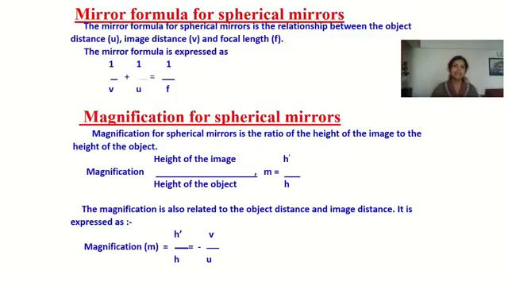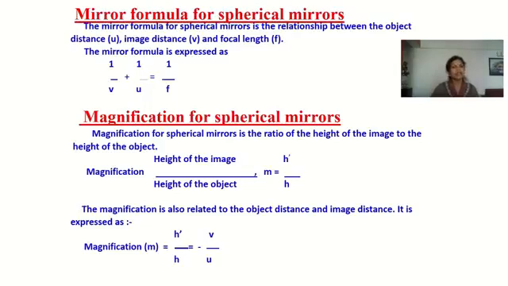And the relation between these three, that is image distance, object distance, and the focal length, is 1 upon v plus 1 upon u is equal to 1 upon f. And this expression is called the mirror formula for the spherical mirror.